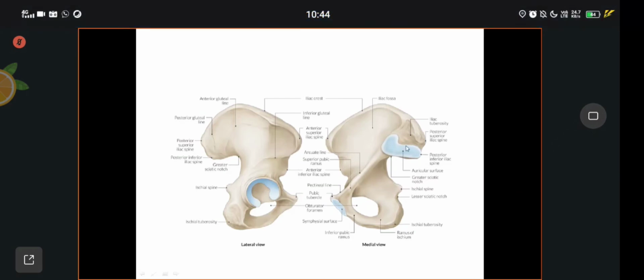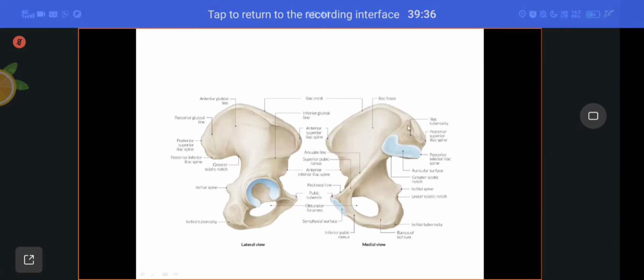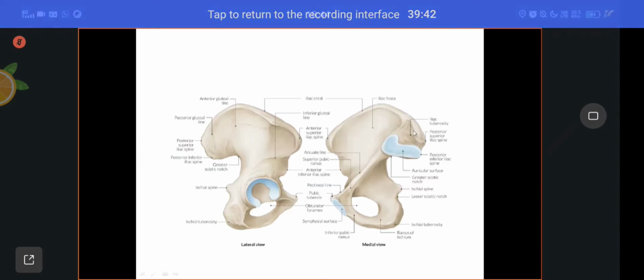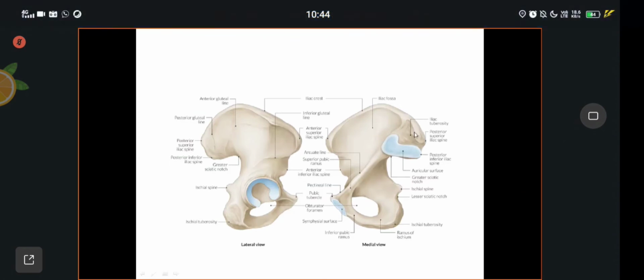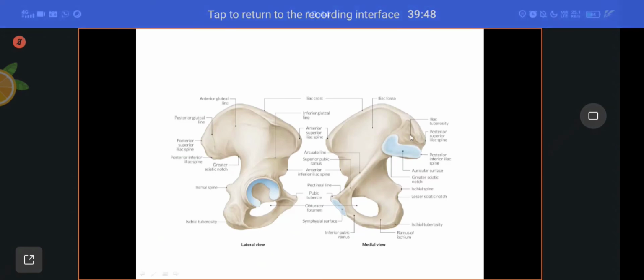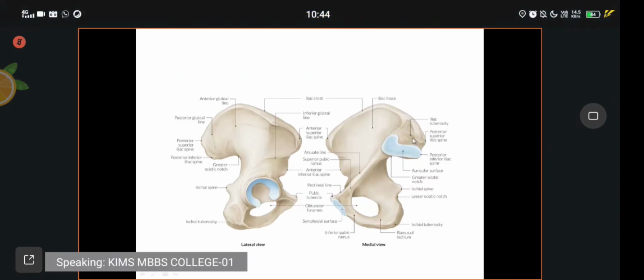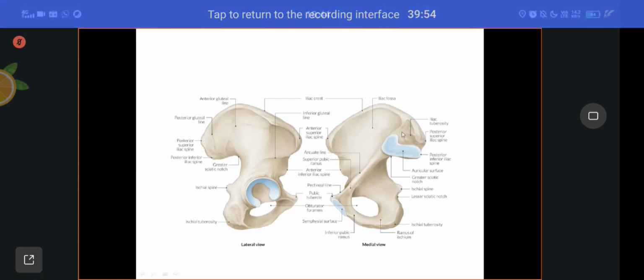And you can see in the sacropelvic surface, this is the iliac tuberosity. This iliac tuberosity gives attachment to ligaments: the dorsal sacral ligament, the iliolumbar ligament, and the interosseous iliac ligaments.